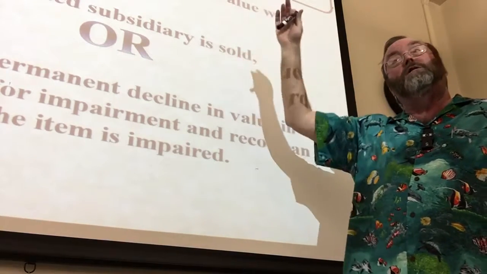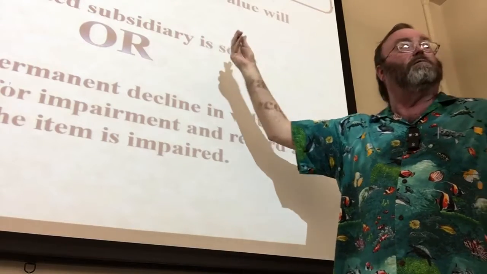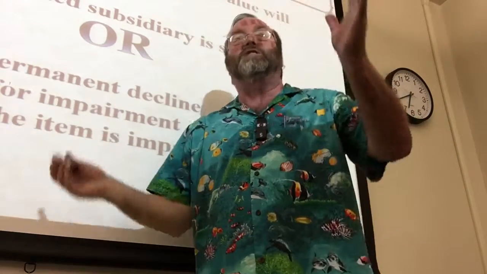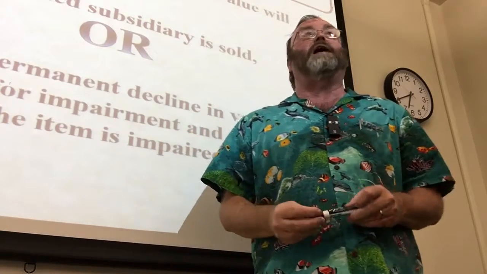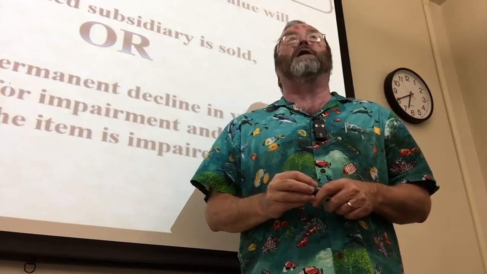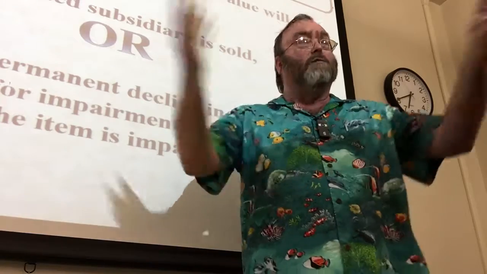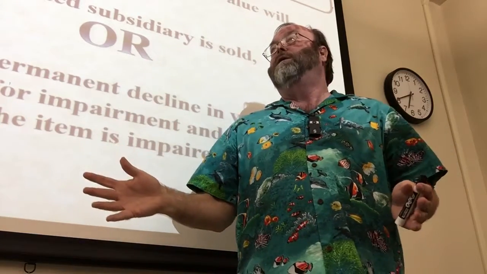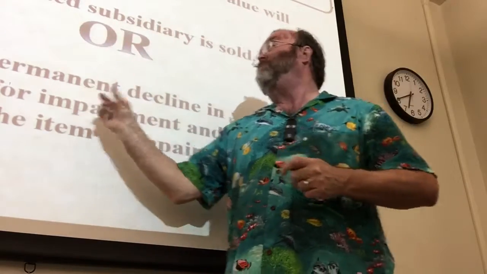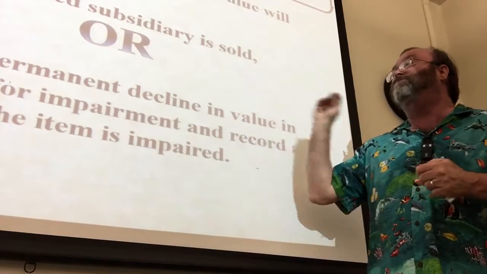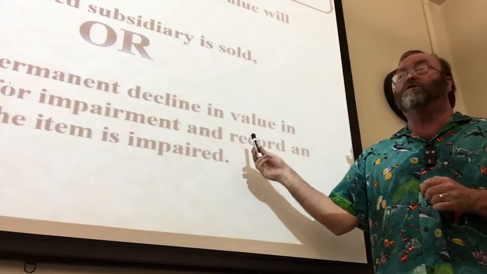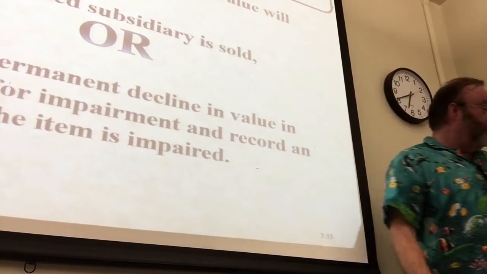I mean, if you sell all of Sun, that parent owned in that last example, it makes no sense to keep carrying the $80,000 worth of goodwill that you calculated at acquisition, because you got rid of the subsidiary. You don't own it anymore, right? So that makes sense. But if there's been a permanent decline in the value of the subsidiary, then you have to do this impairment calculation.